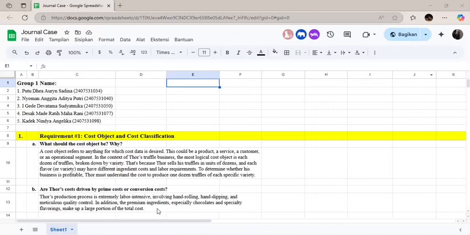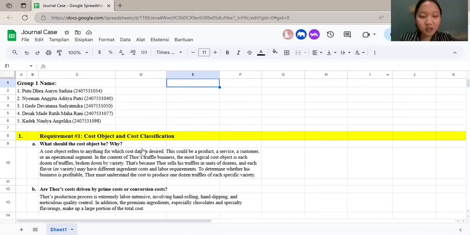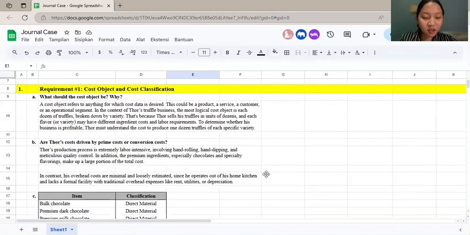Okay, so starting from the first requirement. In requirement 1, in costing tours travels, what should the cost object be?